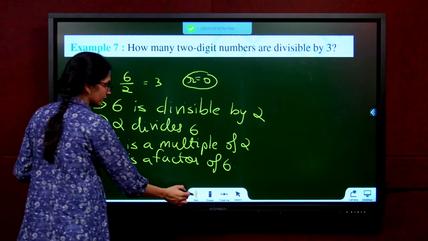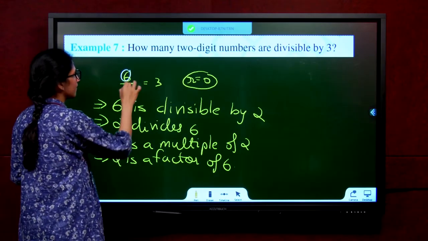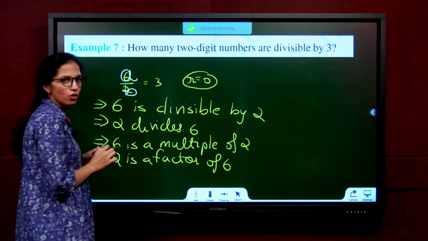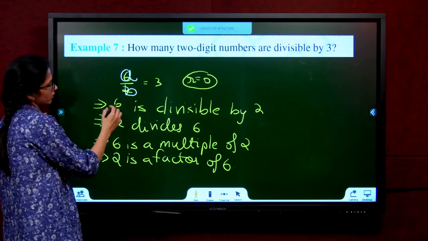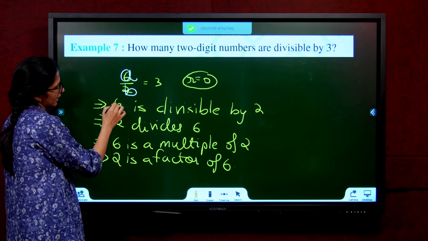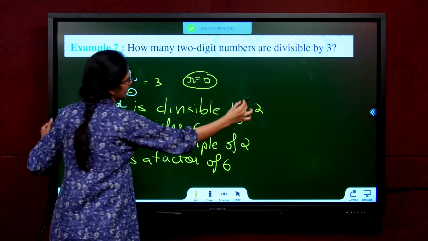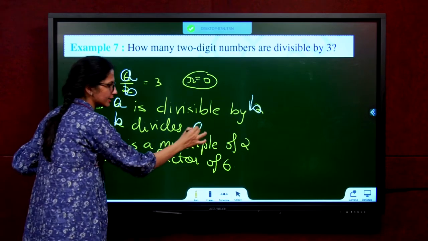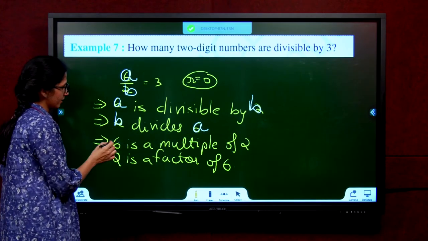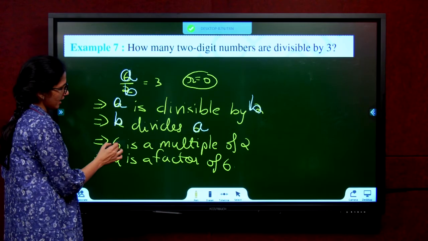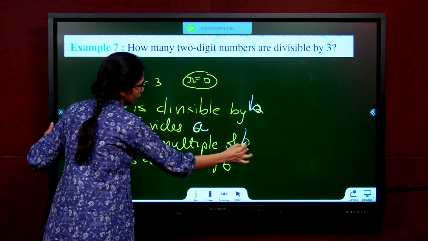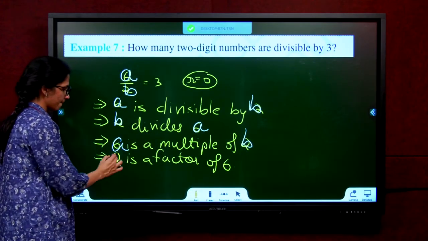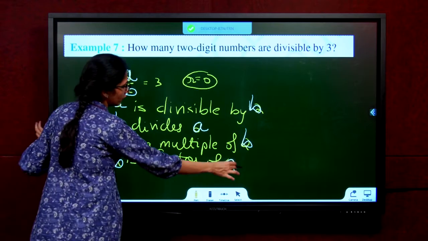So if I write a by b where remainder is 0, then what will you write? So here 6 is a. So a is divisible by b. b divides a. Now a is a multiple of b. b is a factor of a.